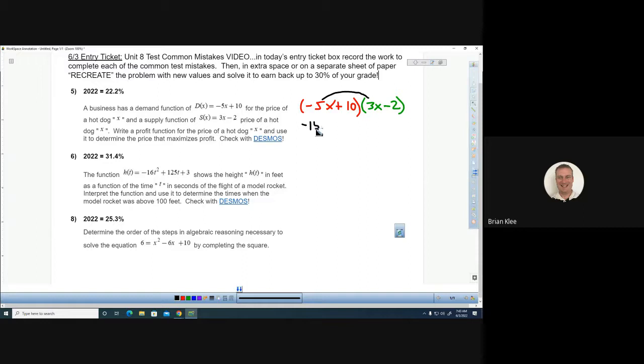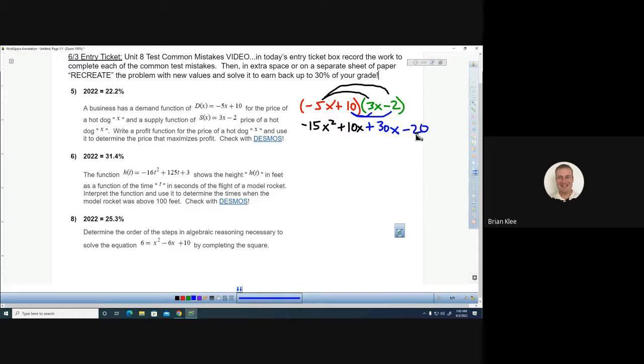That's negative 15X squared. I multiply negative 5X times negative 2. That's positive 10X. And I'll switch up colors here to illustrate. Now I've got that positive 10 times 3X, 30X. That positive 10 times negative 2 is negative 20.